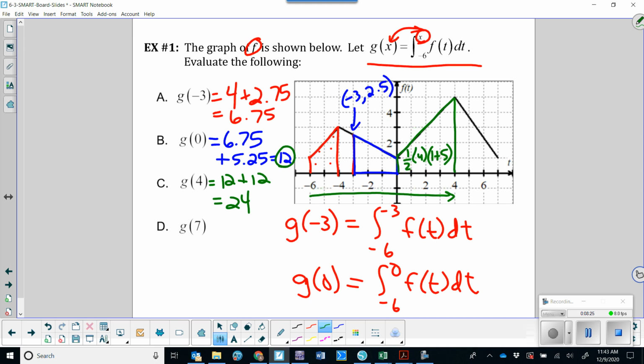If I want to do G of 7, again, technically, G of 7 means that we're going to integrate from -6 to 7 of f of t dt. Well, again, I already know that all the way up to 4, I already know that that answer is 24, so I only need this remaining portion added to that 24, and that's how it's accumulating, okay?